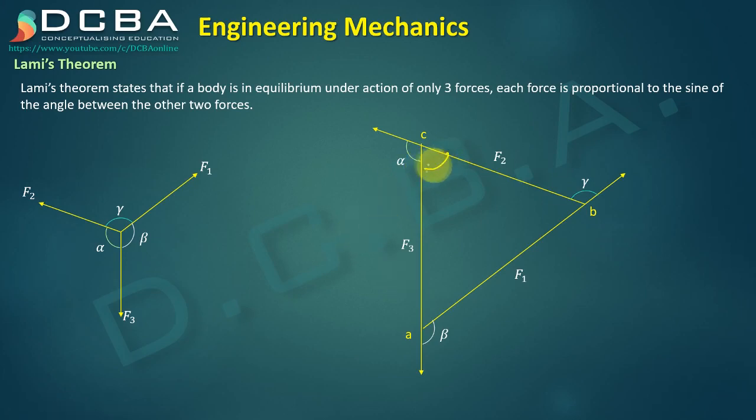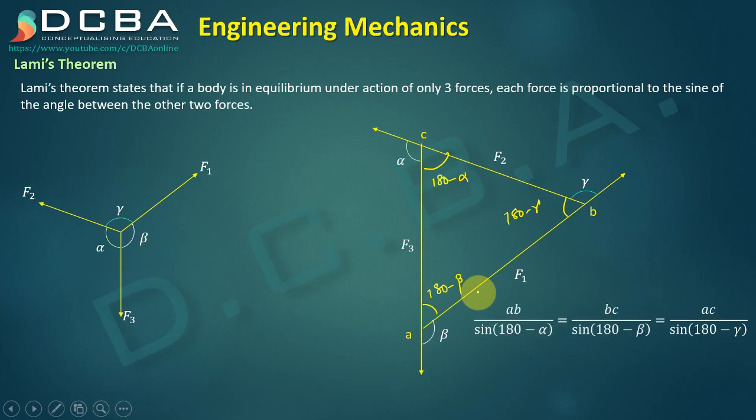So this angle should be 180 minus alpha, this angle should be 180 minus beta, and this angle should be 180 minus gamma. We can apply the sine rule here. So AB upon sine of 180 minus alpha, that is the sine of the angle opposite to it, is equal to BC upon sine of 180 minus beta, again the angle opposite to it, and is equal to AC upon sine of 180 minus gamma.